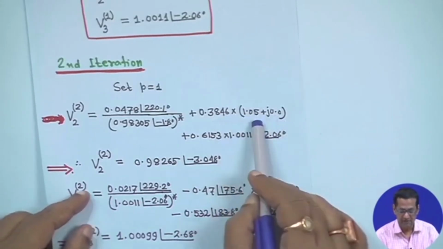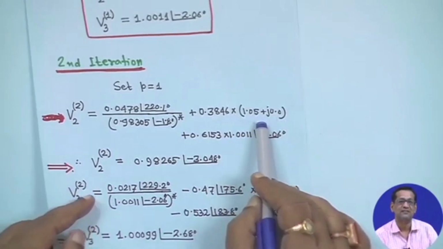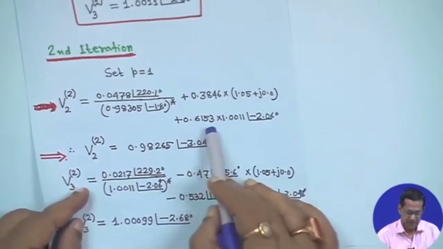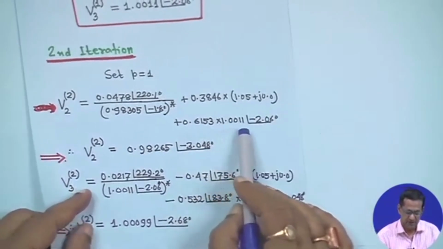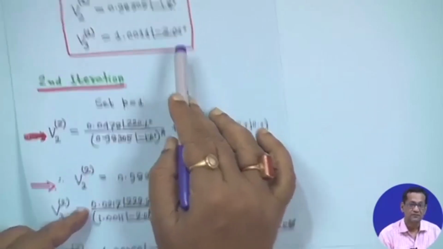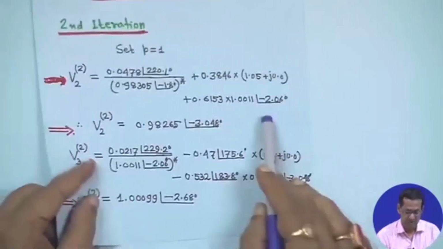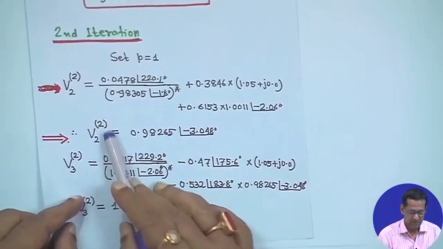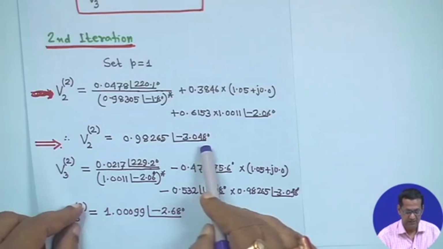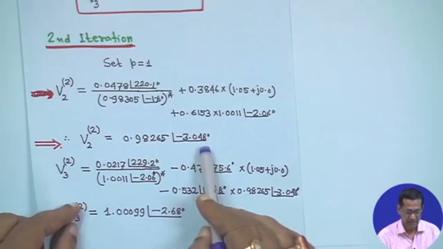This term remains constant because V1 is also constant, because it is a slack bus. This term also will not change, plus 0.6153 into 1.011 angle minus 2.06 degree, this value we got for V3 1. So, if you compute it, V2 2 in the second iteration is 0.98265 angle minus 3.048 degree, right.